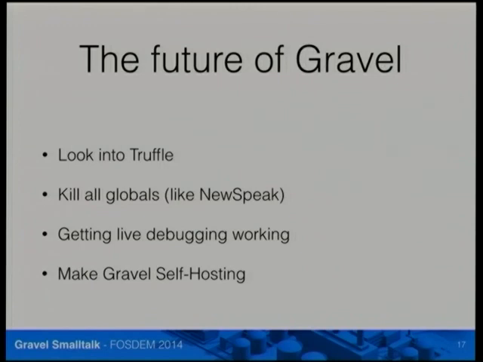What we also have to get working is live debugging. The problem with live debugging is the limitations of the JVM. In an image itself, you cannot re-instantiate the stack, for instance.